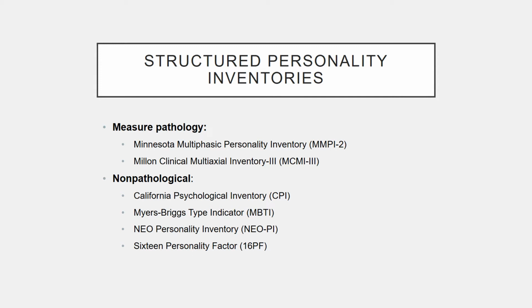This is an example of a structured personality inventory whose outcome doesn't necessarily connect to any kind of diagnosis. And then we have the NEO-PIR, the Neo Personality Inventory, and there's a revised version now, which is also a pretty commonly used assessment that doesn't focus on criteria for diagnosis.